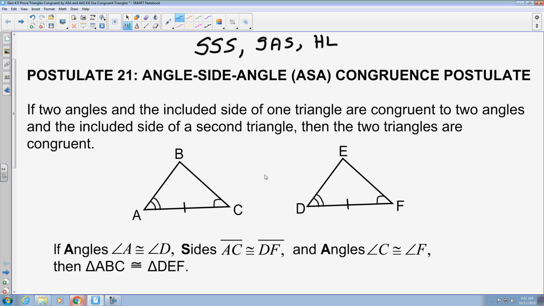And again, the side that is either proven or given is in between those two congruent angles. So if you notice how the congruent side is between there and there, we can say that by angle side angle, triangle ABC is congruent to triangle DEF.